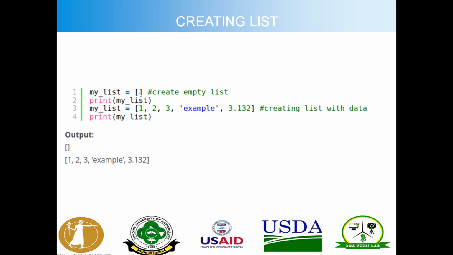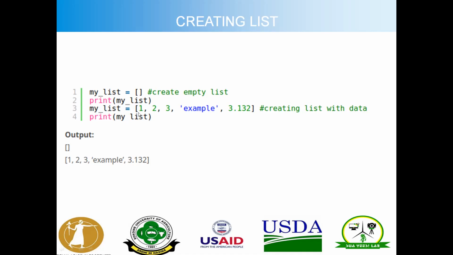If it has got any content, you can use the Python function print. And inside the function print, you can pass the variable name, which for this case is my list. So this is the first way. You can create an empty list, or you can create a list with items.